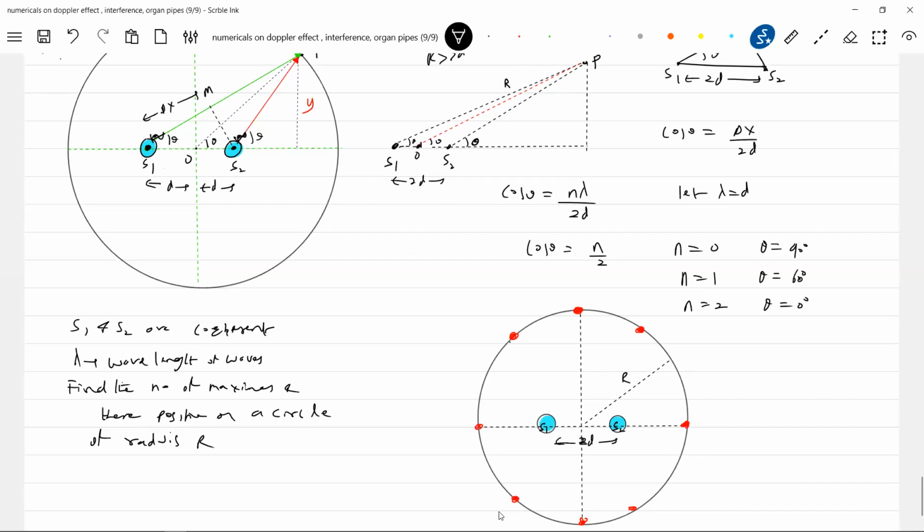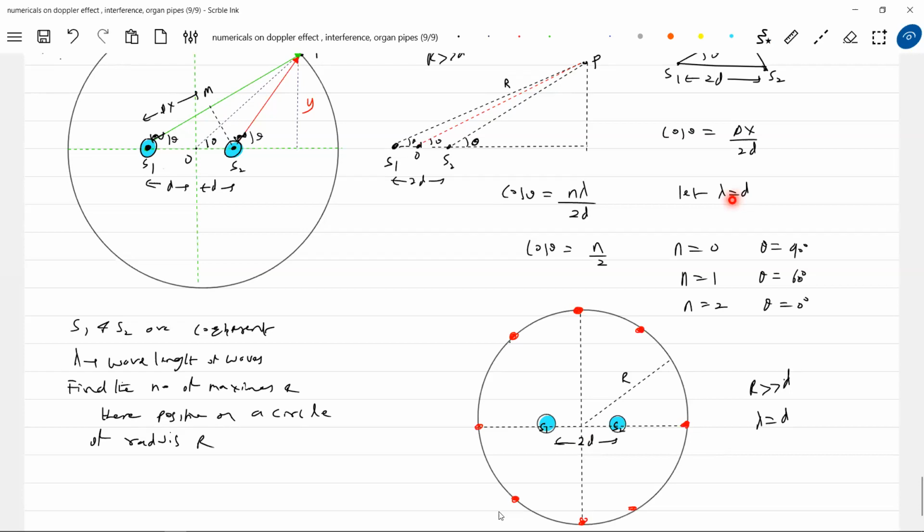Let me define all that condition: R very much greater than 2d, and lambda equal to d, the distance between sources. How many maximas? Let's count: 8 maximas. It all depends upon the relationship between lambda and d.